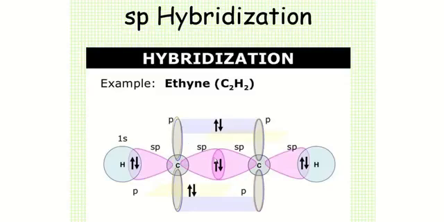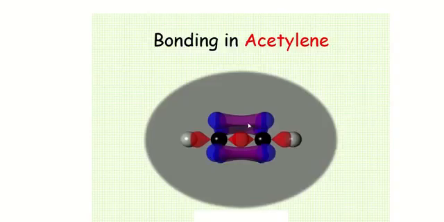So the geometry we can see here is linear, and the bond angle will be 180 degrees. Here is the molecule of ethine, also known as acetylene.